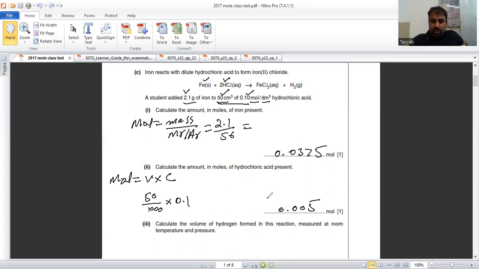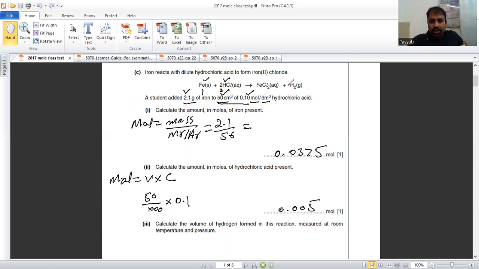Now we have the moles of HCl and the moles of iron. After this, we have to see which one is in excess. If you see the equation, it is 1 mole and 2 mole, so there is no need for calculation. Simply, we can judge that HCl is limiting.